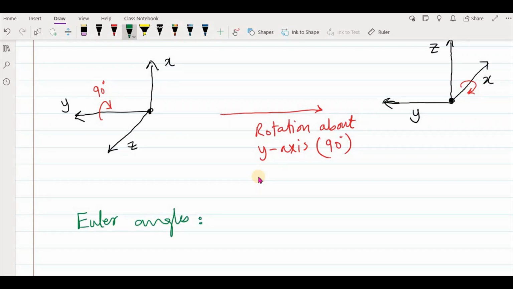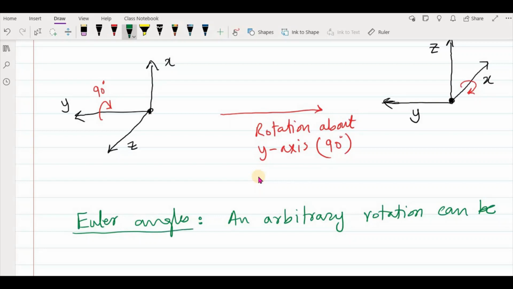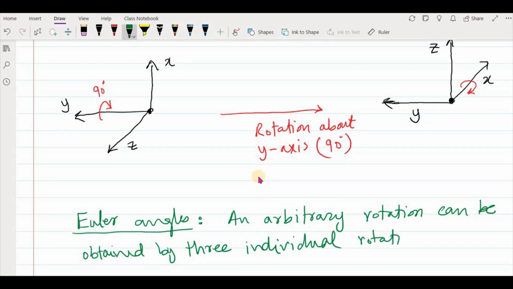Euler's theorem says that an arbitrary rotation can be obtained by three individual rotations around the three axes.